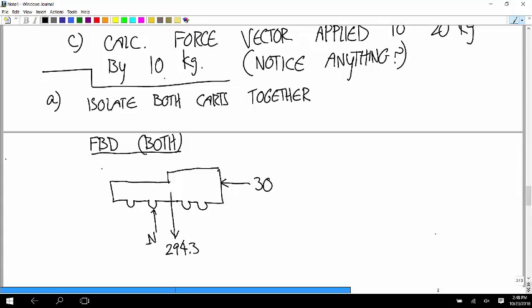And the label I'm giving it is that capital N for normal force. Anybody have any questions about that? Yes, that's right. Yep.